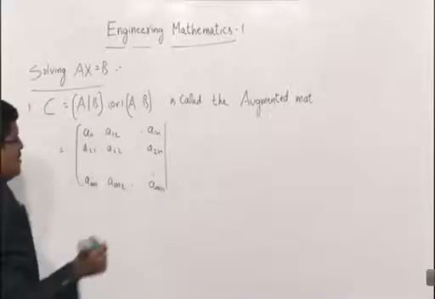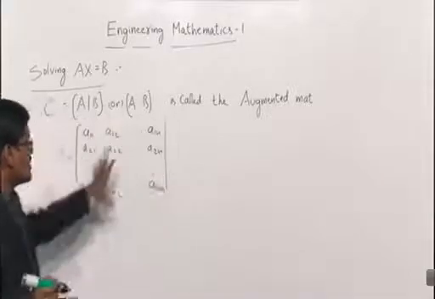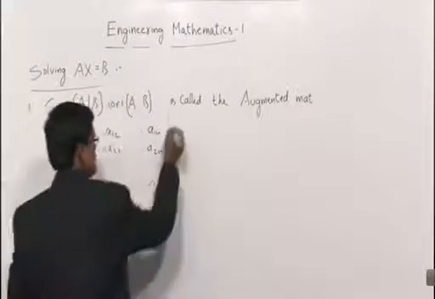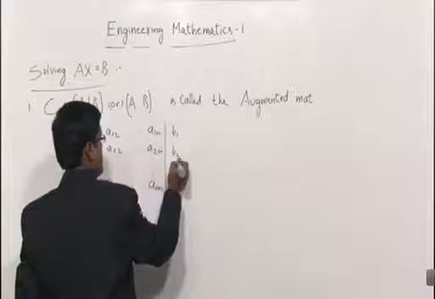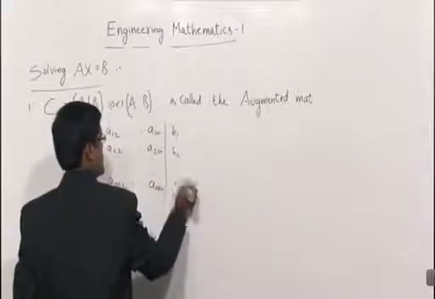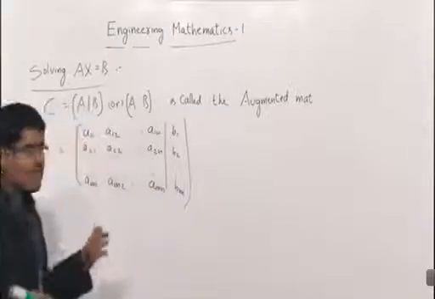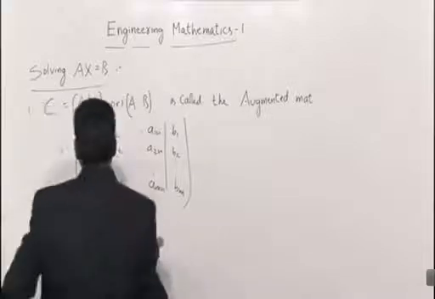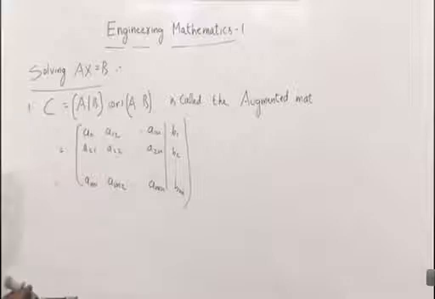The elements left of this line are the coefficients of all the given equations on the left side, mn elements. On the right side: b1, b2, and so on to bm. Here m stands for the number of equations, and n stands for the number of unknowns or variables of the equations.